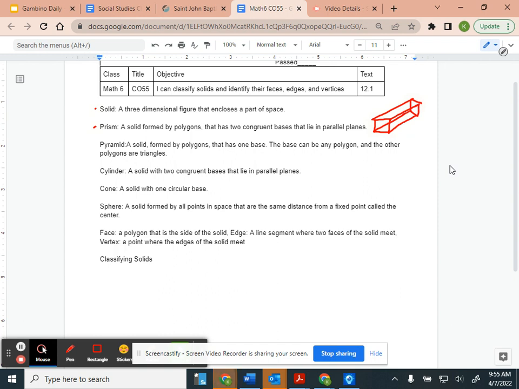So that prism is three-dimensional. It's taking up that space. It has parallel bases. A pyramid is a solid formed by polygons that has one base. That base can be any polygon, and the other polygons are triangles.